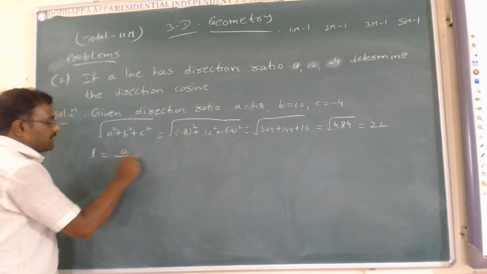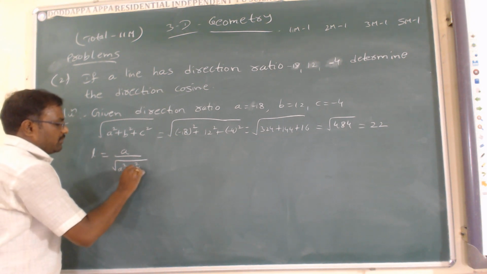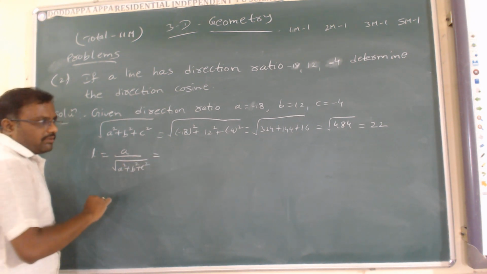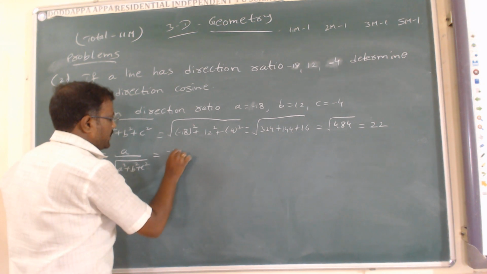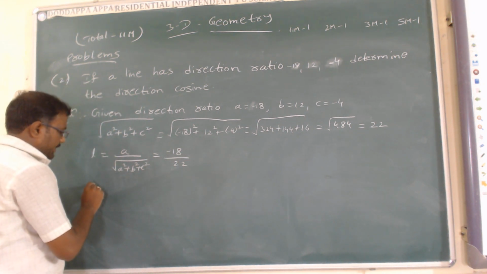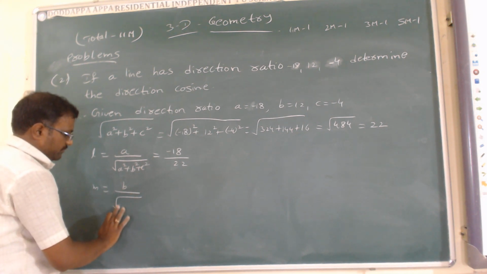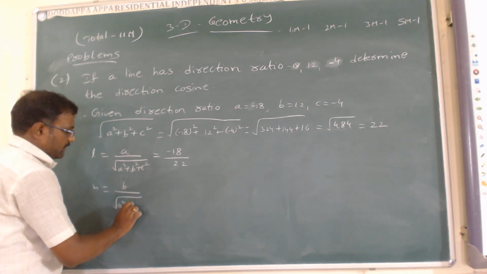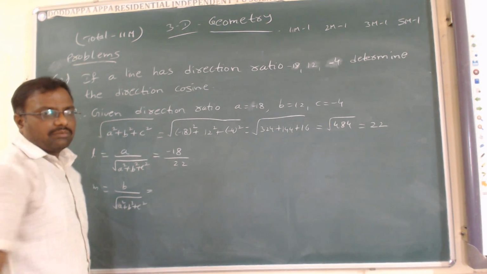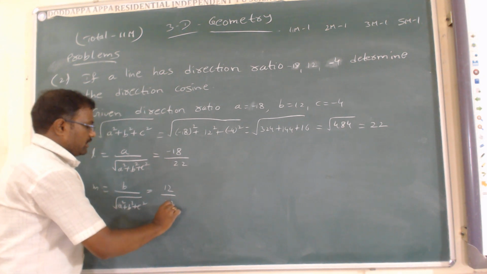L is equal to, what is the formula? A divided by under root of A square plus B square plus C square. So here, what is the A value? Minus 18 divided by 22. And next, M is equal to B divided by under root of A square plus B square plus C square. But here, what is the B value? 12. 12 divided by 22.